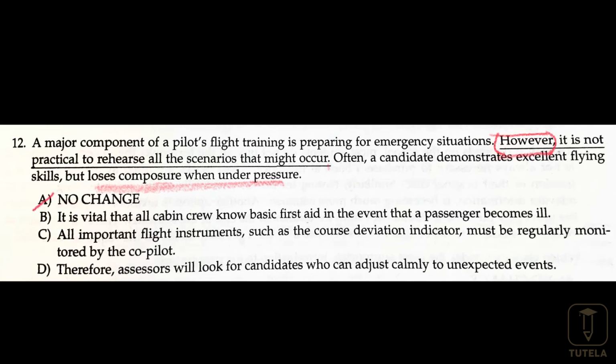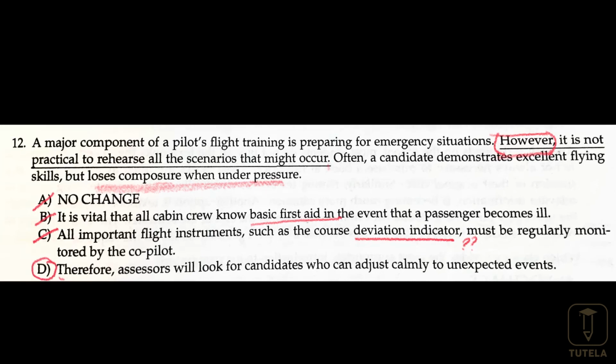So answer choice A can be eliminated. B says it is vital that all cabin crew know basic first aid. This is too specific information, and hence this cannot be used in the given context. C, all important flight instruments such as the course deviation indicator must be regularly monitored. Course deviation indicator, we have no idea about that. That goes off. We have D. We select D as our answer because this works.